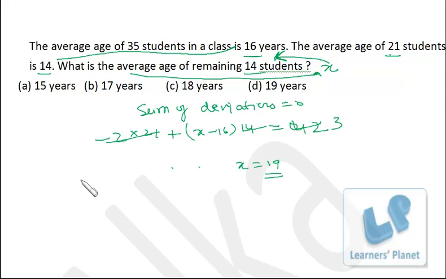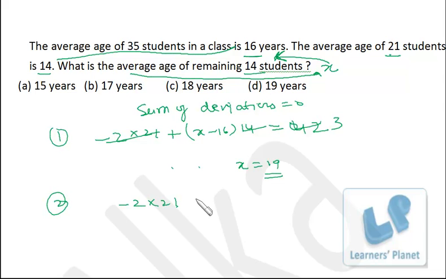From the mean. Apart from that, what you can do is this: the deviation of the first group of students, those 21 students, is minus 2. So minus 2 into 21. Now in the next group, we assume the deviation of these 14 students is y. Here I took the average age as x, now I'm taking the deviation as y.